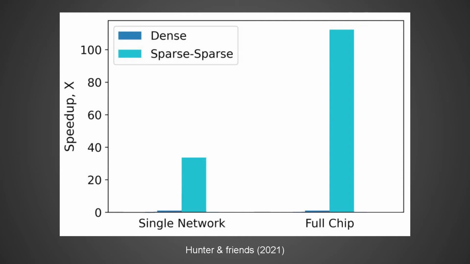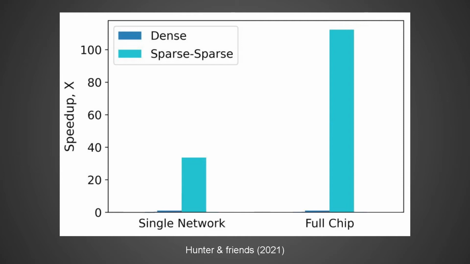These guys, Hunter and Friends in 2021, did just that to show that they wrote hardware that could actually leverage sparsity. And if you put one fully dense network with all the connections and fully activated, and you compare it to a sparsely activated sparse weight network, that's sparse on this graph, if it's just a single network comparison, you can get speedups of almost 40 times.